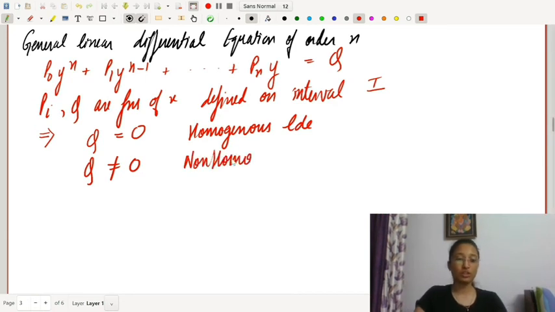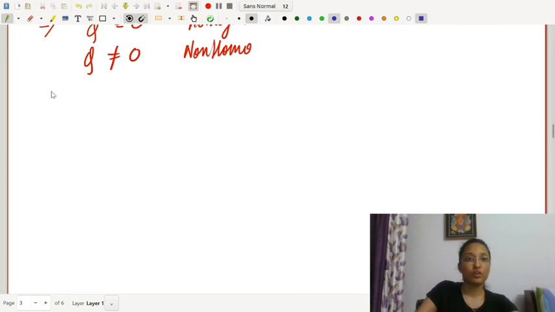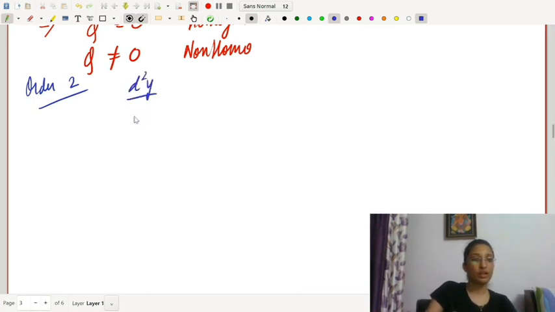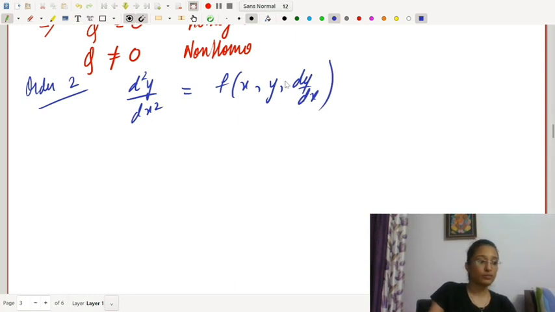If q is not equal to 0, we say non-homogeneous linear differential equation. Now, the general differential equation of order 2, second order, d square y over dx square is of the form f of x, y, dy over dx, where x is an independent variable, y is a dependent variable, and when will we call it linear?